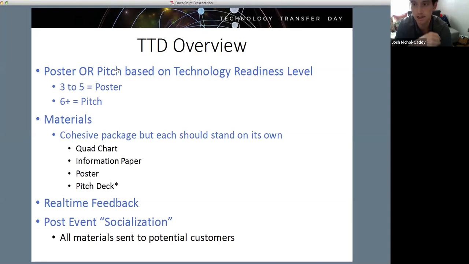So next week, we're going to have a pitch presentation, and you won't need to attend that. I hesitate to say that so that people don't come, but just know that after the quad chart, information paper, and poster, if you're presenting a technology that's in an earlier stage of development, then those are the 3 things you should be focusing on, and you don't need to make a pitch deck and come next Friday.